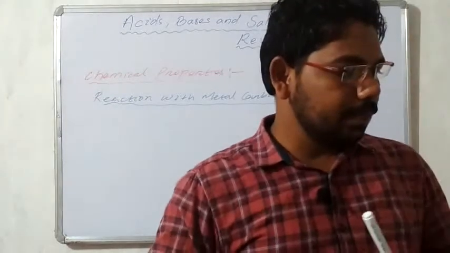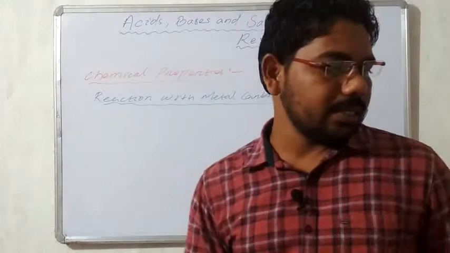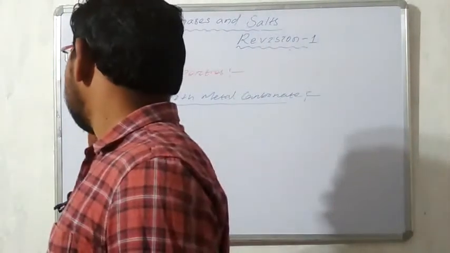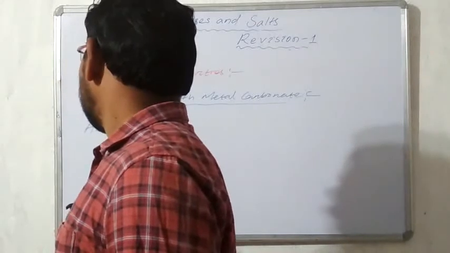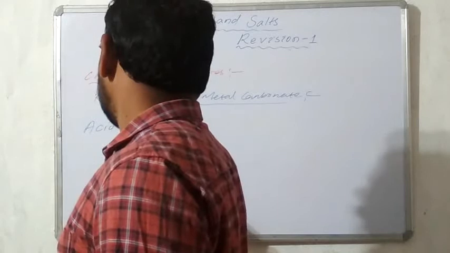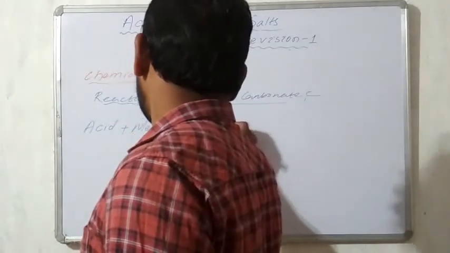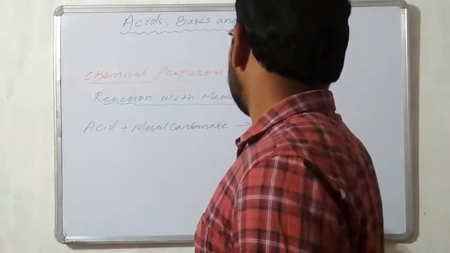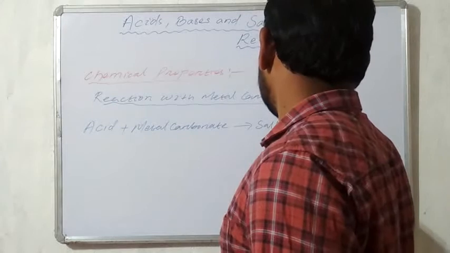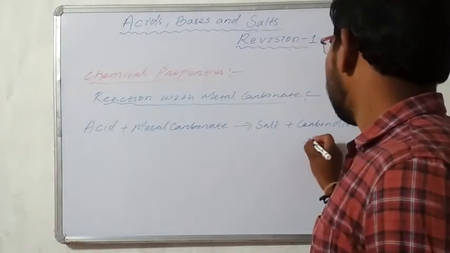When acids react with metal carbonates, they form salt, carbon dioxide, and water.